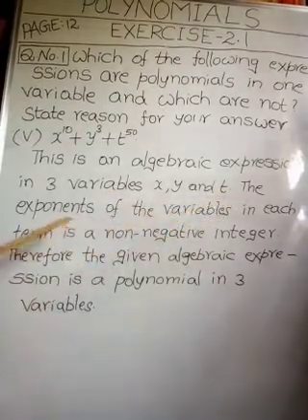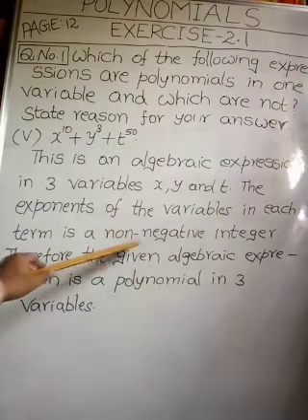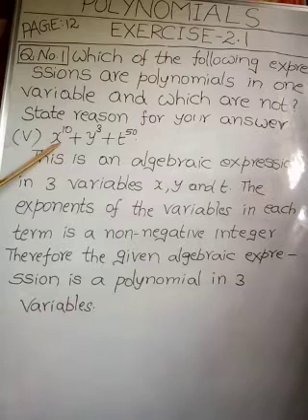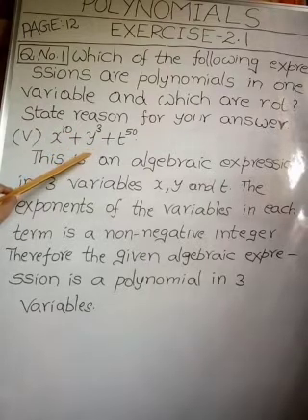Right. The exponents of the variables in each term are non-negative integers. In the first term, what is the variable? X. What is the exponent of x here? 10. It is a non-negative integer. What is the second term? Y cube. What is the variable in the second term?